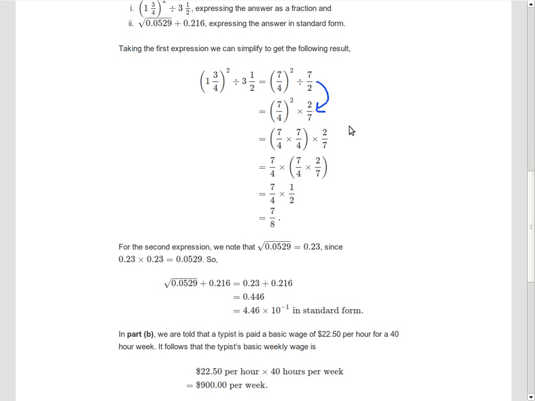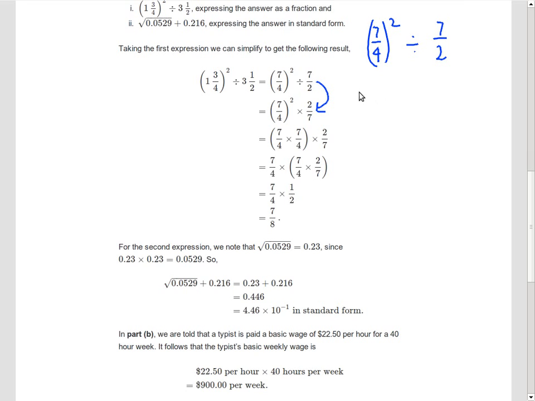Okay, that's the quote-unquote rule, but let's see why that makes sense. So we have 7/4 all squared divided by 7/2. Now this question is basically asking how many 7 halves are there in 7/4 all squared. That's what the question is asking.